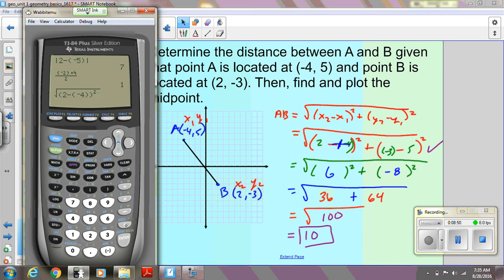Then I hit my plus sign and open up a new set of parentheses. And I need to type negative 3 minus 5, close parentheses, and square that. And that's the proper way you would do it. Hit enter, and you get 10.